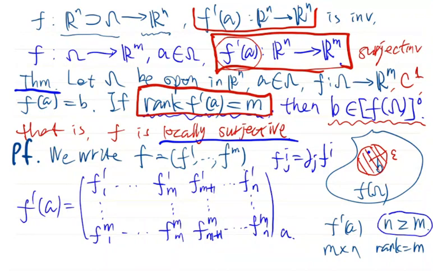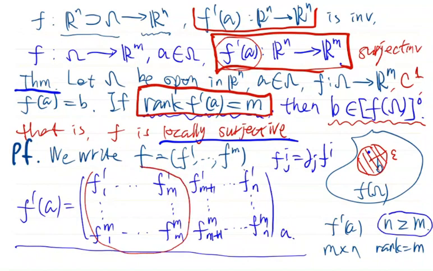So the derivative matrix F prime of A must be of this form. So the rank is m. Therefore, there is an mth order determinant contained in this matrix which is not zero. So we might assume, without loss of generality, that the determinant of this matrix is not zero. In other words, we might assume that the first m columns of this matrix are linearly independent.